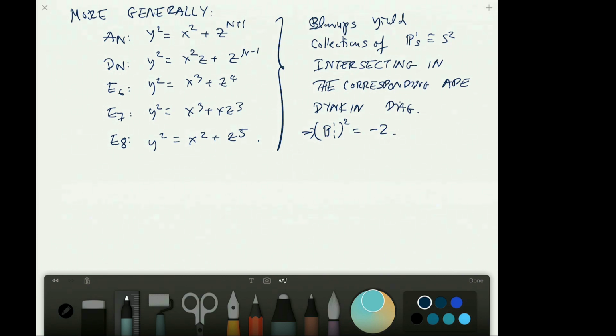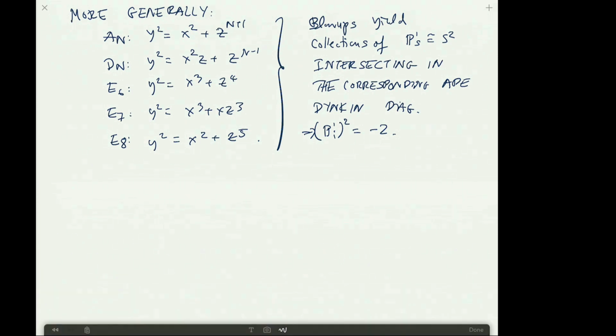Okay, so how do we now get from all this to 6D (2,0) theory? Well, this is a relatively old story, but let me explain this very briefly. The 6D (2,0) theory with G equals to ADE now comes from looking at this theory in the resolved geometry.